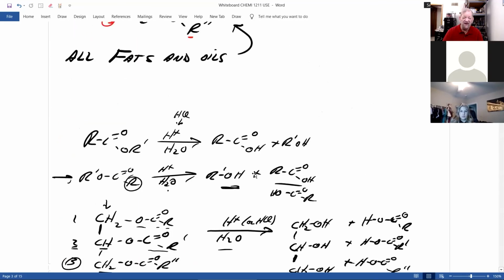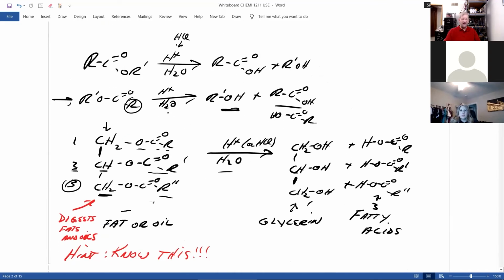So, if you have an ester, like you learned in the carboxylic acid and their derivatives chapter, they'll be on test 3. You can do acid hydrolysis to get back the alcohol and the carboxylic acid you would have used to make that ester.